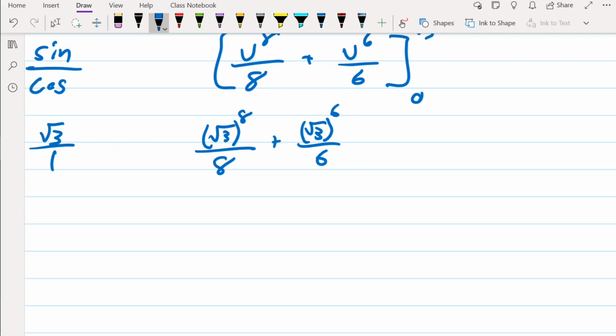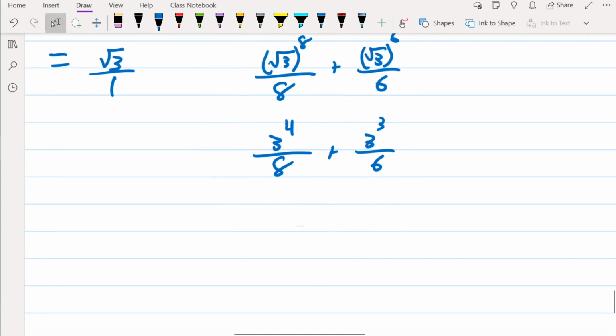Okay, so that'll be, I could just cut the power in half to deal with that. So that'll be 3 to the 4th over 8 plus 3 to the 3rd over 6.